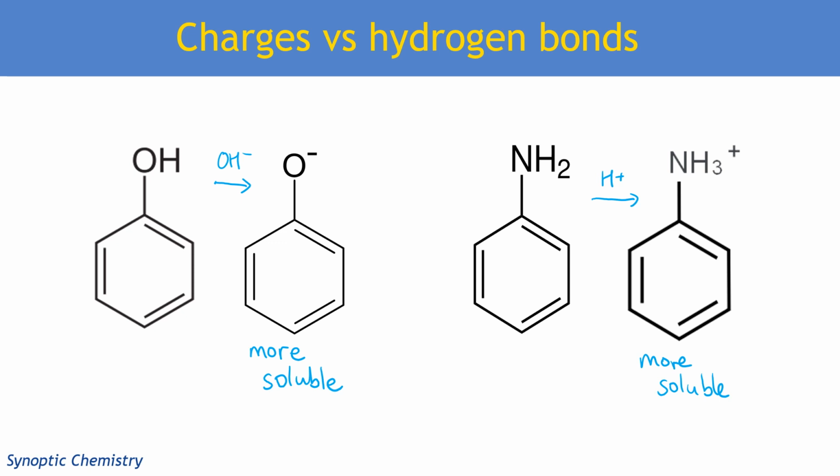So for example, if I had that NH3+ ion, it would be totally water soluble and I wouldn't be able to separate it from my solution. If I add some alkali to reverse the change, I could go back to the NH2 and that might come out as a solid because it was less soluble, and I could therefore filter off and remove my product.